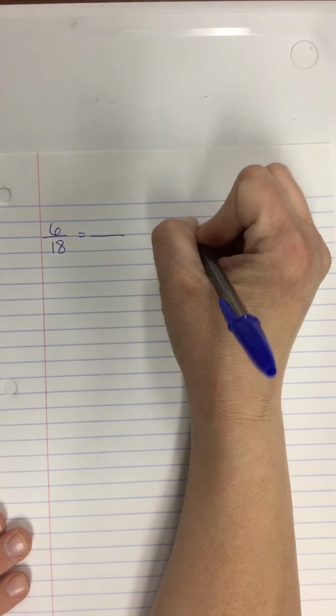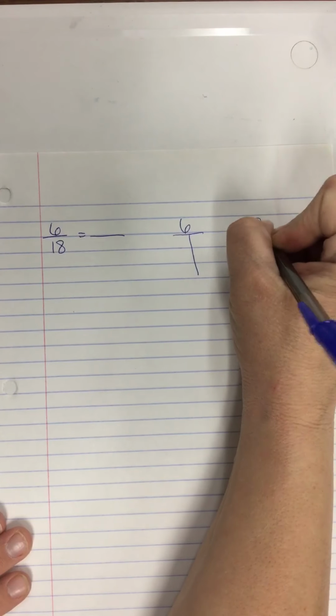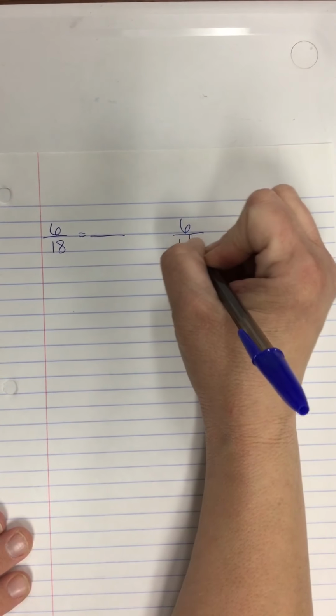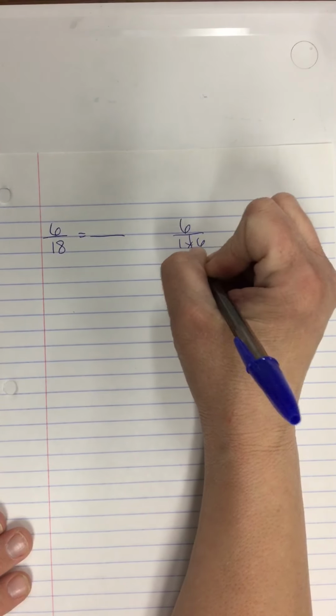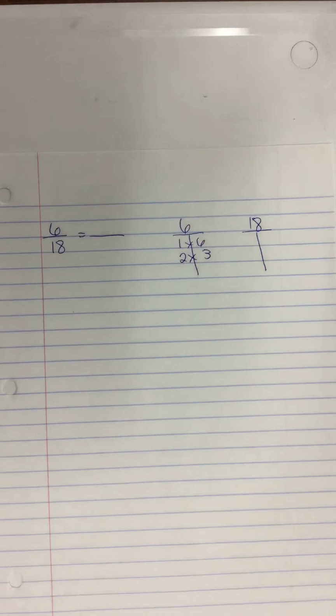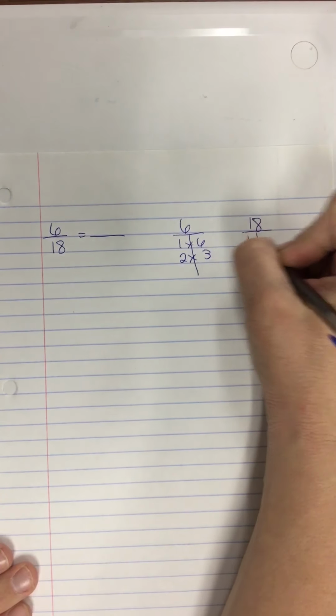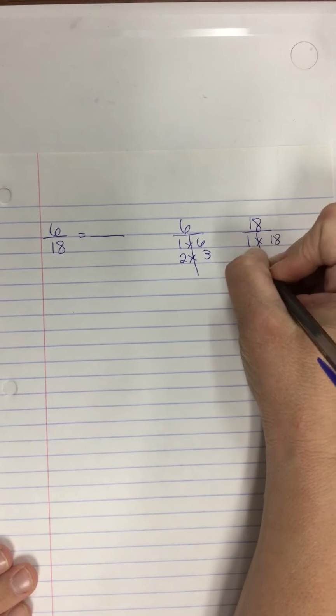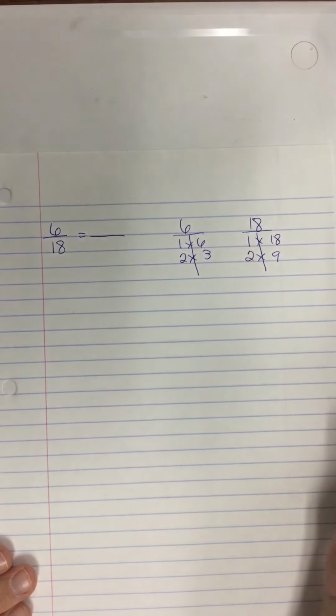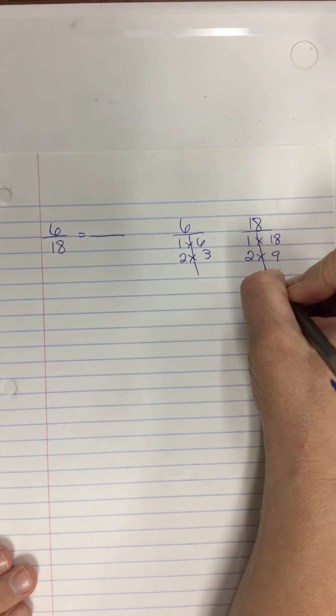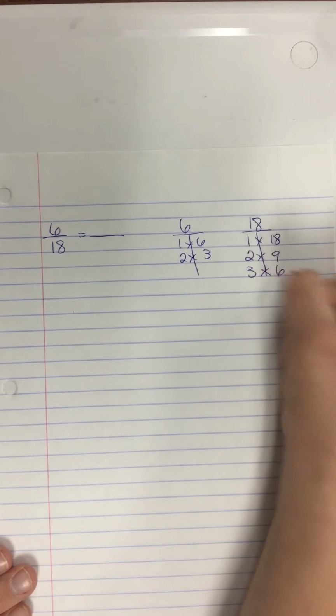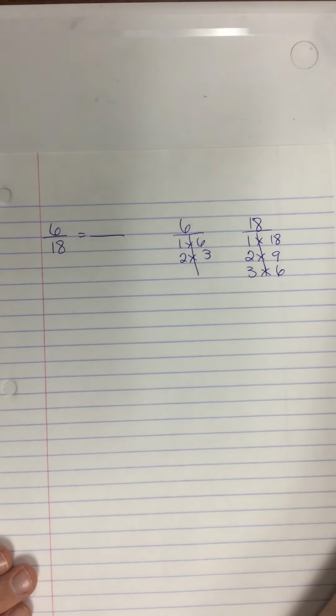All right. So you did a T-chart for 6 and a T-chart for 18. 1 times 6, 2 times 3. Okay. And then you did 1 times 18, 2 times 9, 3 times 6, and that's it.